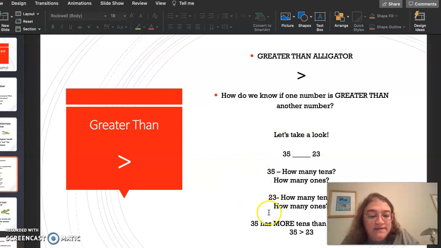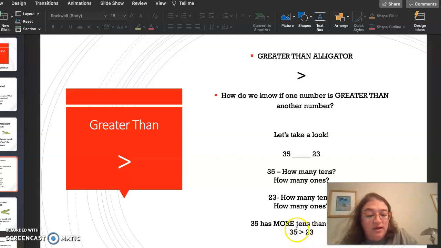How many tens? We have 2. And how many ones? We have 3. So if 35 has 3 tens and 23 has 2 tens, which number is bigger? That's right. 35 has more tens, so 35 is greater than 23.